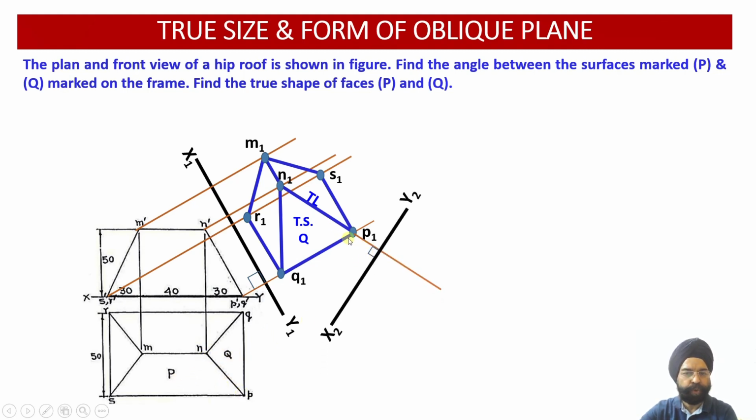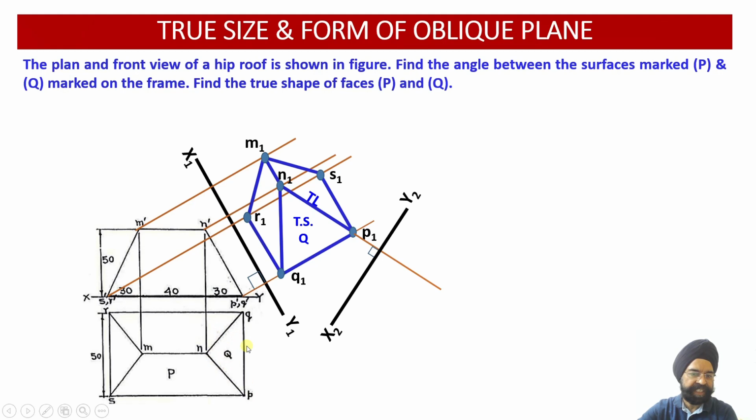So what I am going to do, please see, one true length I have identified, because this is common to MNPS. So out of this surface P, that is MNPS points, I have been able to obtain the true length of one of the edges over here.